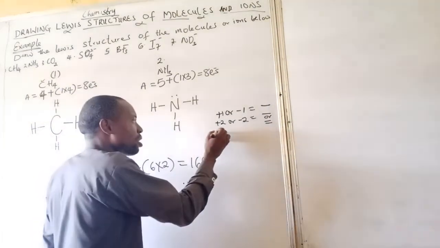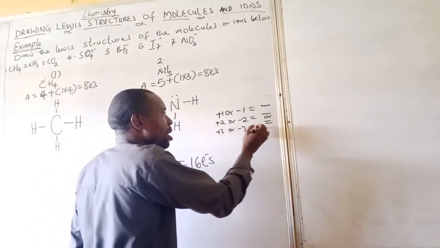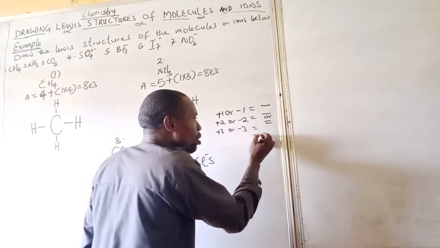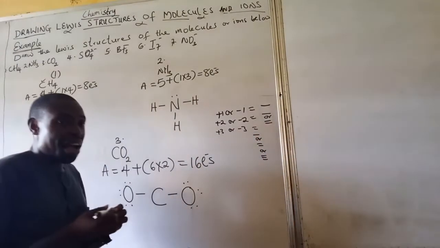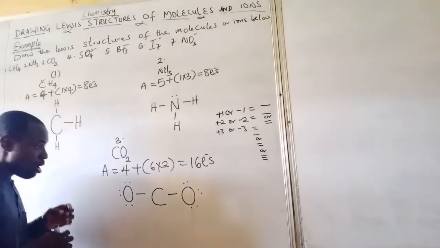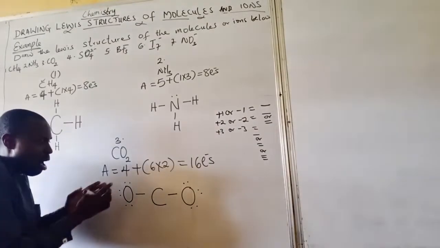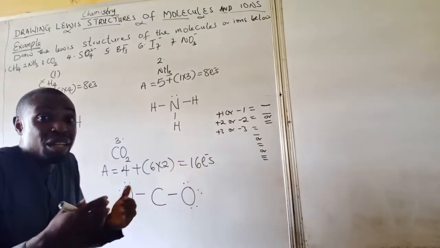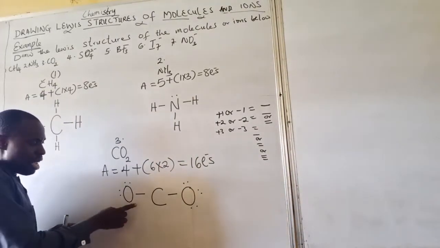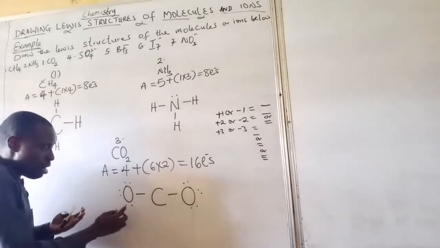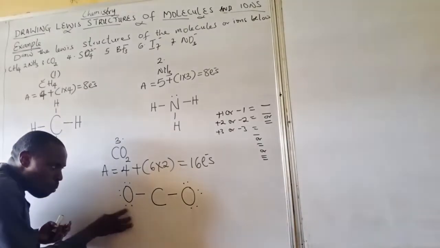If it has +3 or -3, it can form a single, double, or triple bond without affecting anything. So oxygen has a valency of -2.